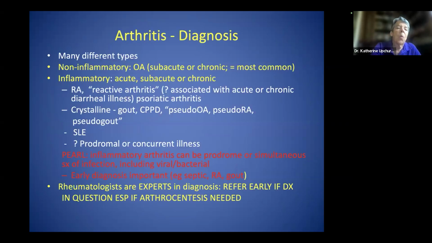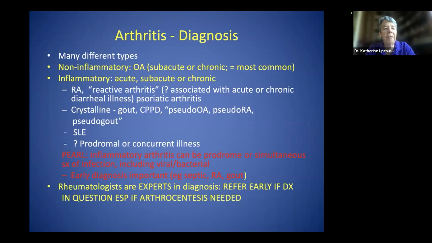Now, when you've taken a history and you've done a thorough joint examination, you may be able to start telling a more complete story, and you may be able to nail down the type of arthritis that you think the patient may have.